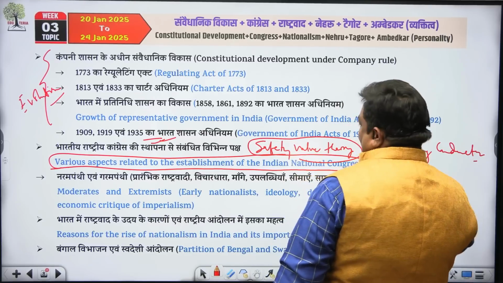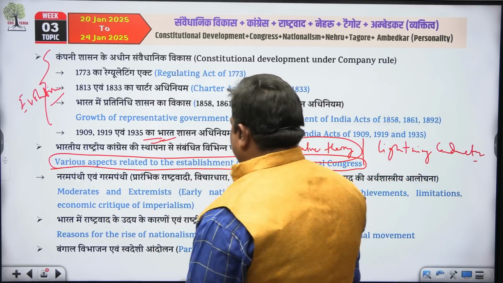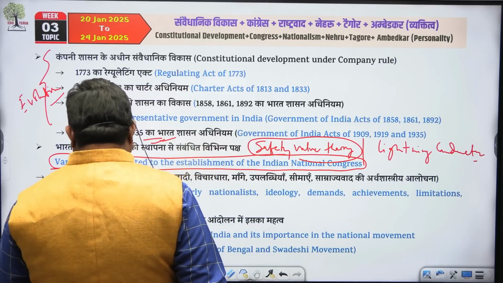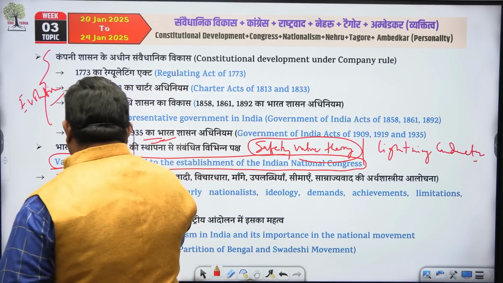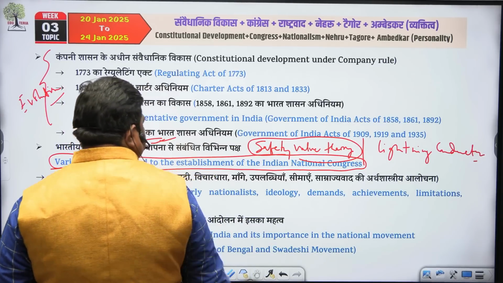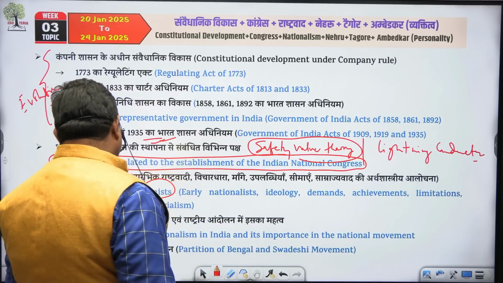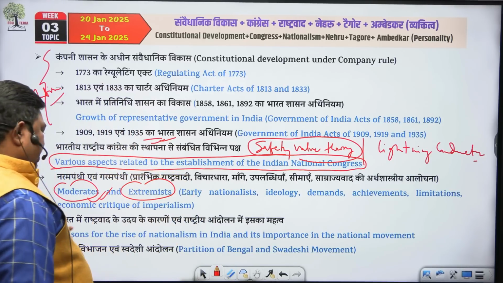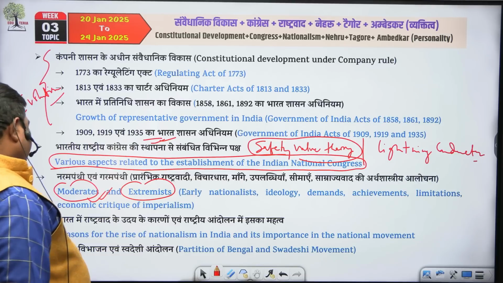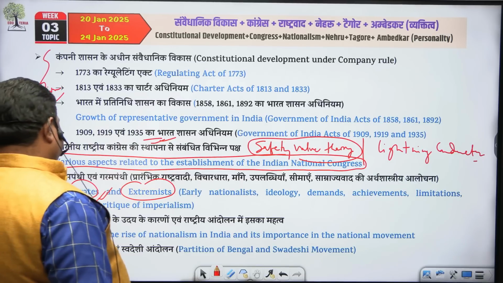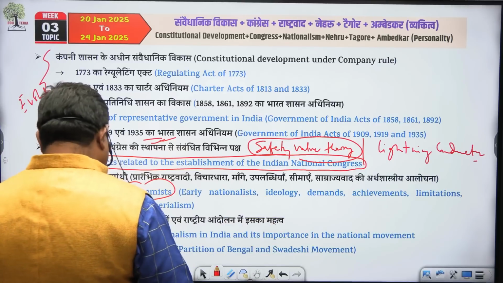So safety valve versus lightning conductor, what it was. And like the moderates' contribution and extremists' contributions. Nowadays more questions come on moderates, because moderates are not properly evaluated. Now we know that moderates had their own great contribution in the making of the freedom struggle.